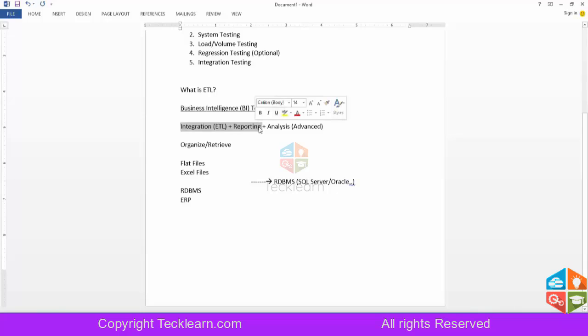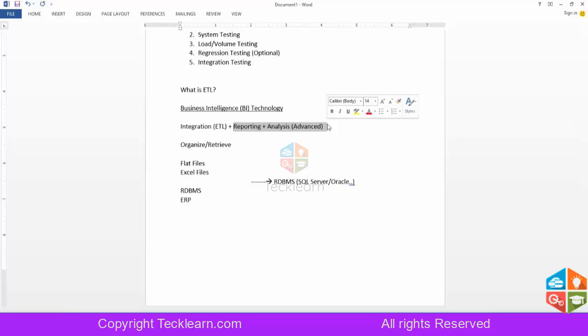They have ETL in place and then reporting tools in place. A few organizations which have the infrastructure go for analysis services too. These two are not in scope for this course. But to understand ETL, we need an overview of business intelligence technology so that we know where ETL fits in.